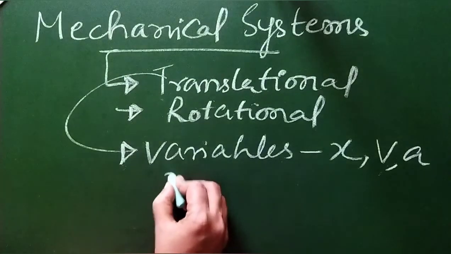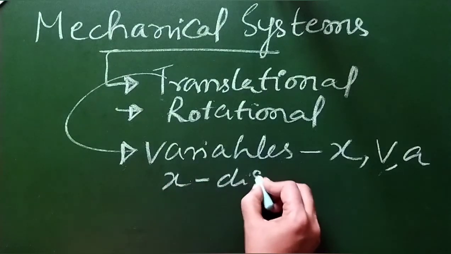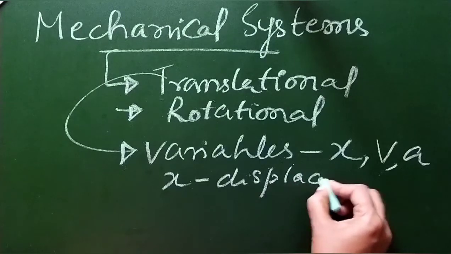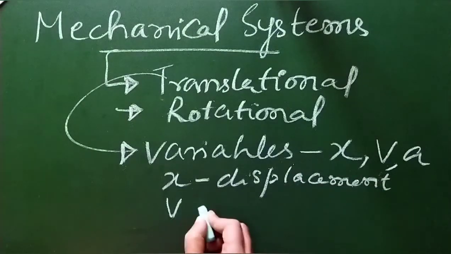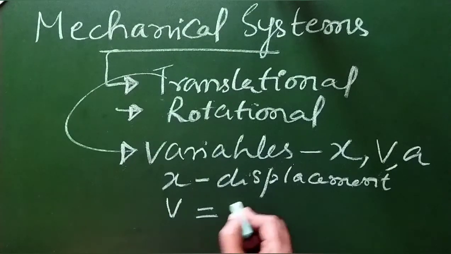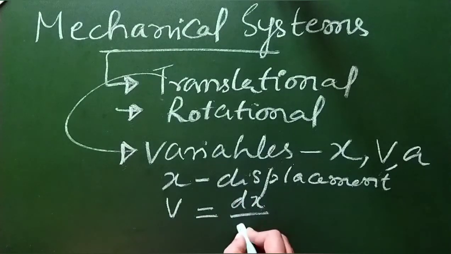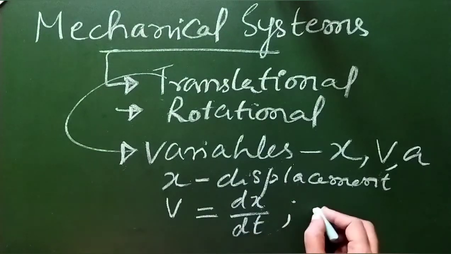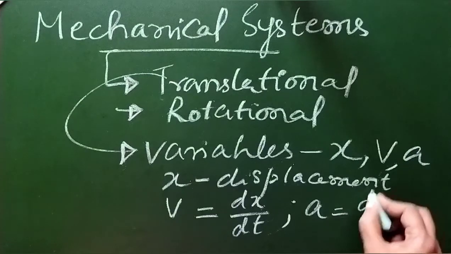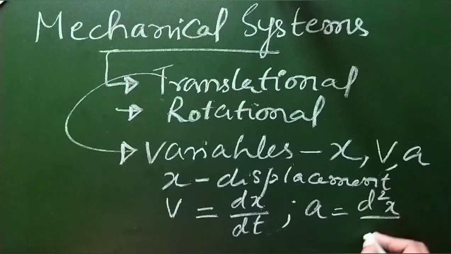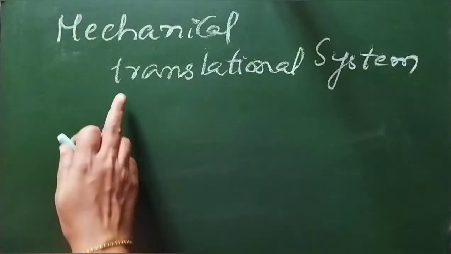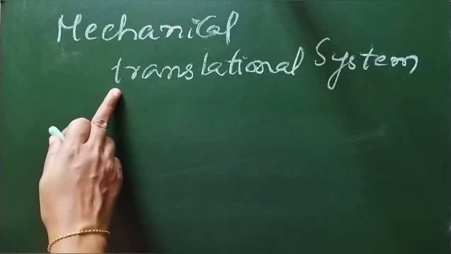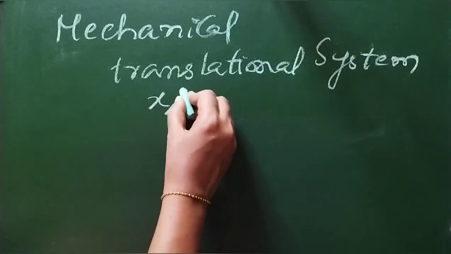Okay, now x is displacement, v is nothing but dx by dt, and acceleration is given by d square x by dt square. We have seen the variables for mechanical translational system. Those are nothing but x, v and a.